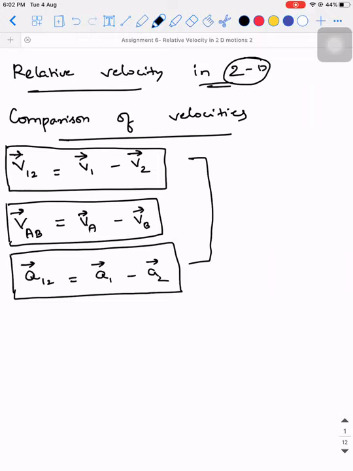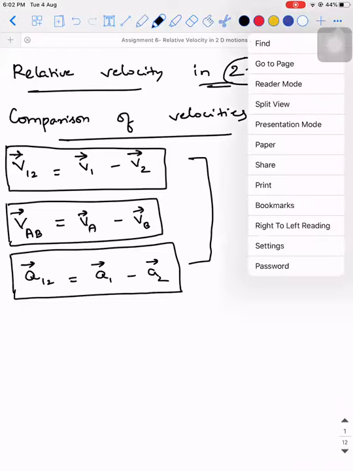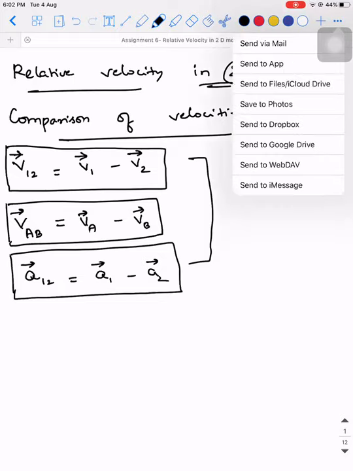Vectors I've already taught, relative velocity, projectile motion, and uniform circular motion. So you will have derivations, definitions, and the problems. I want to see how much you have practiced. Okay, wait, I'm sharing the sheet now so that I don't forget.